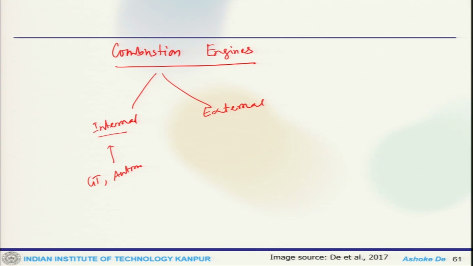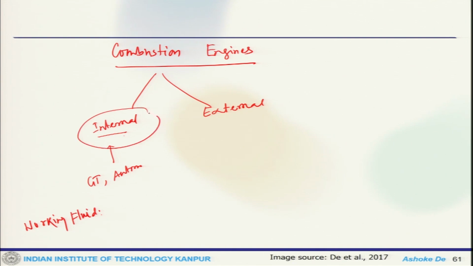The working principles of internal and external are quite different, especially in the nature of the working fluid, and that makes them quite different. Now, if we think about the working fluid for an internal combustion system, internal engines produce work by pushing a piston or turbine blade that in turn rotates a shaft.